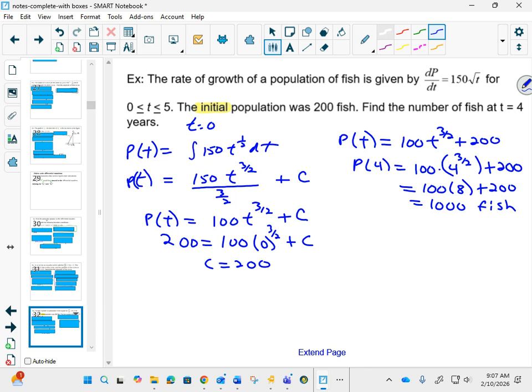So anytime something is saying an initial population, an initial velocity, an initial displacement, you know that that's happening at time is 0. So we can plug in 0 for t, 200 for the population and solve. And then once we've got our c value, now we can find the population at any time. We plug in 4 years and find out there are 1,000 fish.